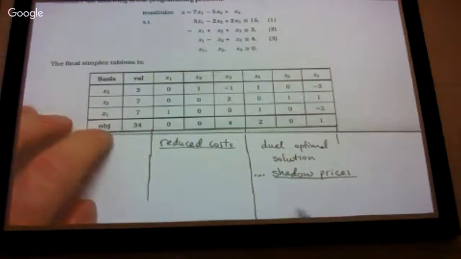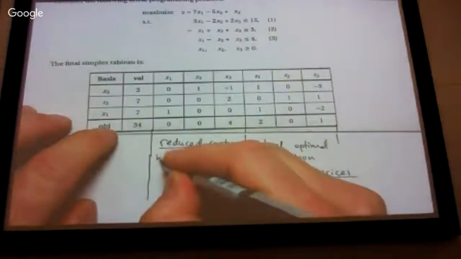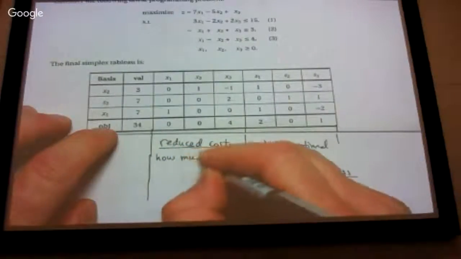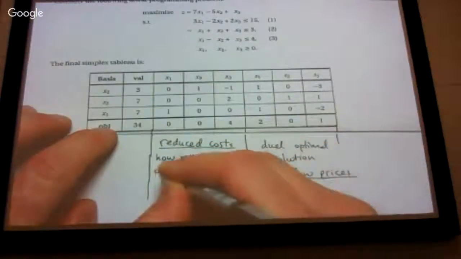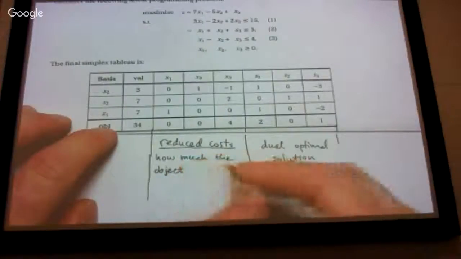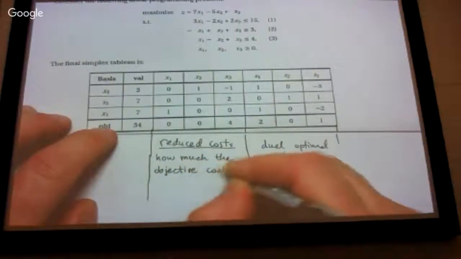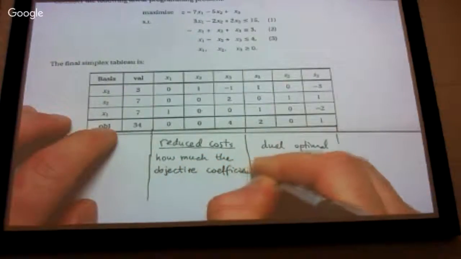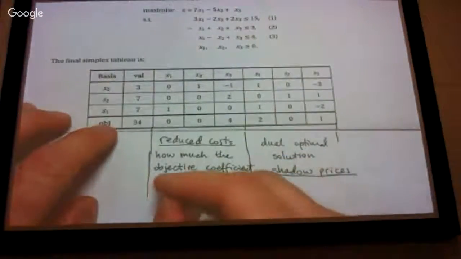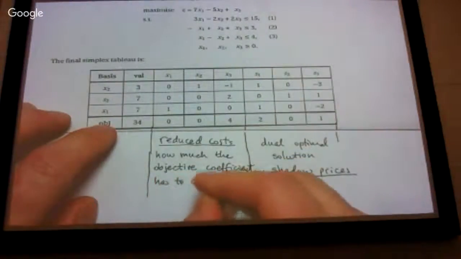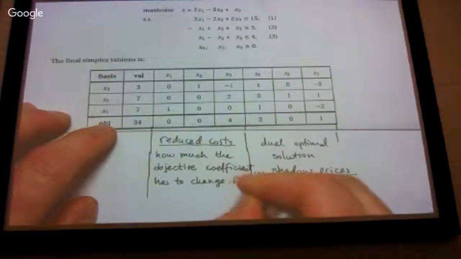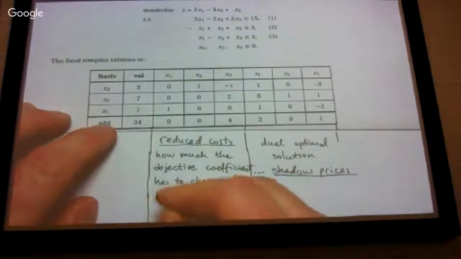So these reduced costs, well, we only have one non-zero one, and that tells us how much the objective coefficient of that variable has to change for that variable to enter the basis.